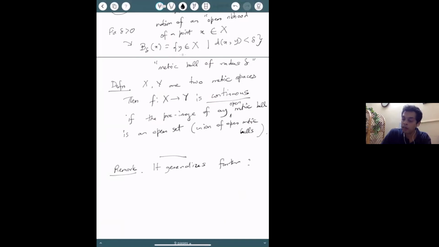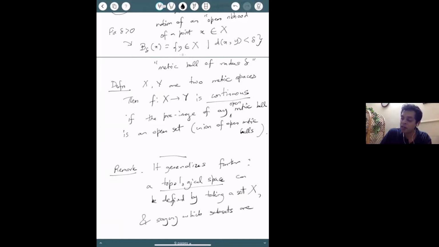You can define a topological space by taking a set X and saying which subsets are open.